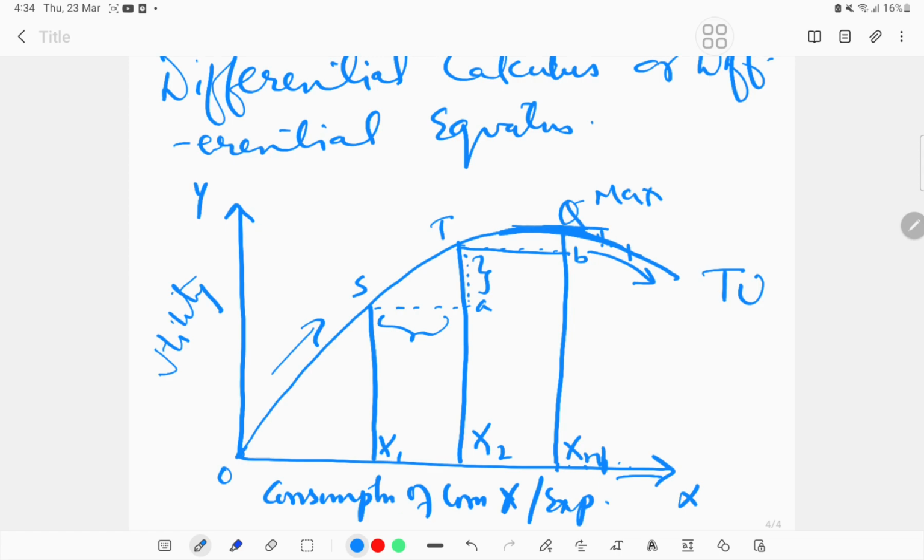So in this curve we see that total utility is falling. So after Q, the consumer will discontinue the use of commodity x, and before Q it is beneficial for the consumer to consume more and more.